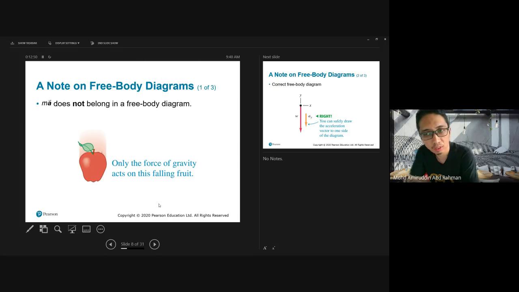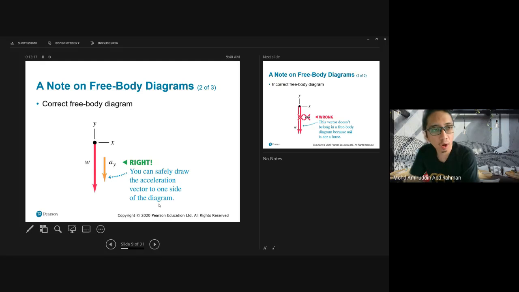So remember that. When there is a free fall motion, the speed does not depend on the mass. It just depends on the force of gravity acting on the falling object, for example, the falling fruit over here.